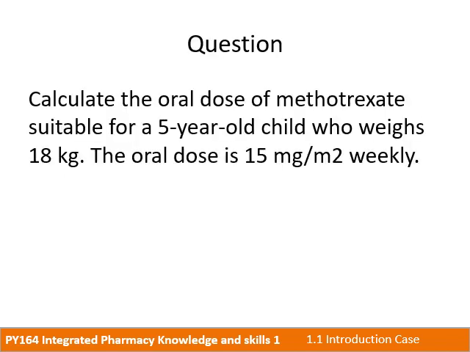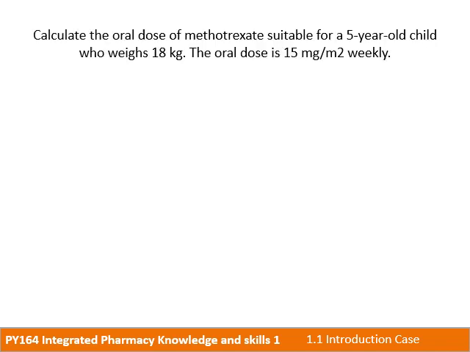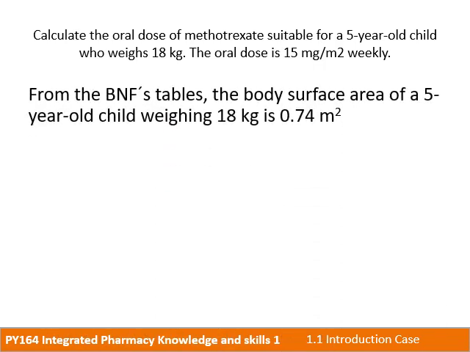So the question is to calculate the oral dose of methotrexate, which is suitable for a 5-year-old child who weighs 18 kilograms. And the oral dose is 15 milligrams per meter squared weekly. Okay, so that's our known, 15 milligrams per meter squared weekly. What do we need to know?